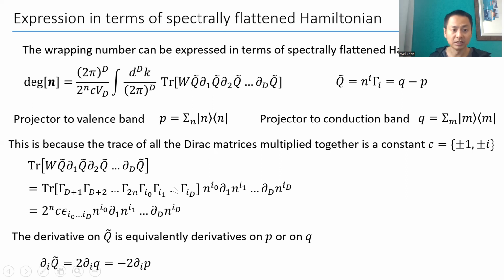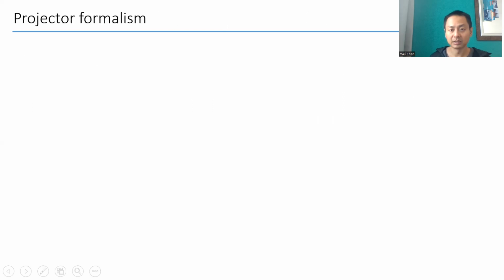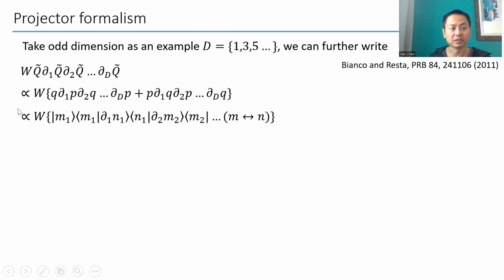Furthermore, the derivative on this spectrally flattened Hamiltonian is also equivalently a derivative on this Q or derivative on this P. Now, using this, we can further write this particular combination of unused matrices and the spectrally flattened Hamiltonian as the alternating P and Q, as I'm showing you here.